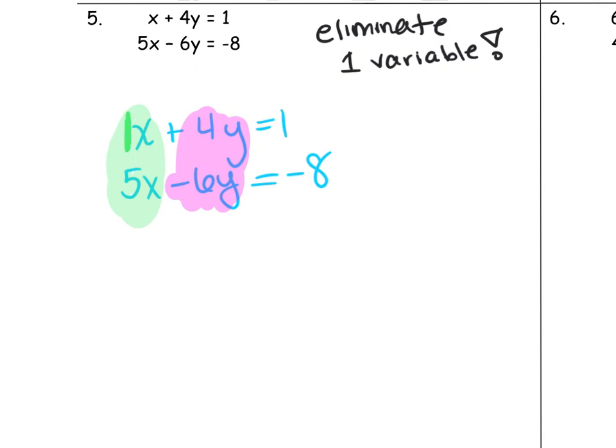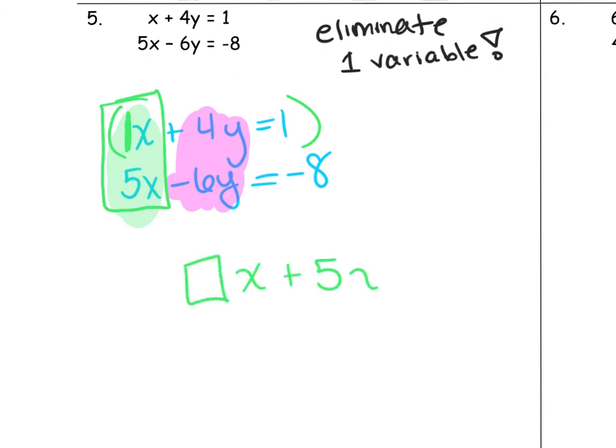That's really nice. What do I need to multiply x by so that these terms cancel? What plus 5 is 0? What is the additive inverse of positive 5? 5 plus what is 0?